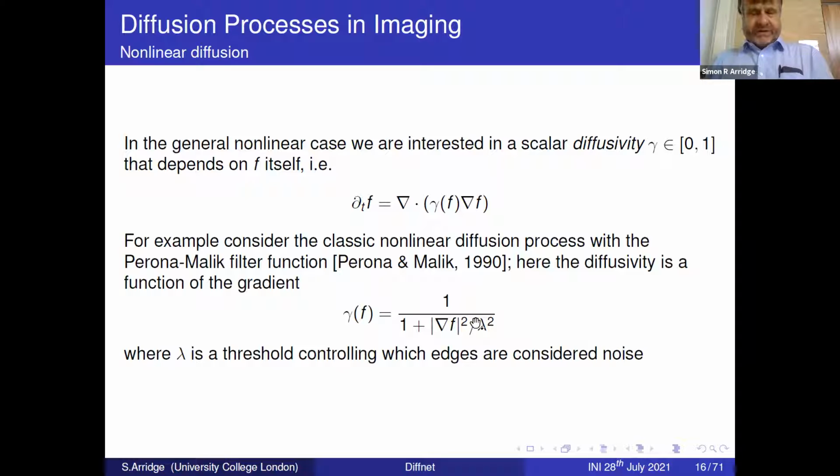And what this essentially means is that if the magnitude of the image gradient is large, the diffusivity goes to 0, which means that there's no spatial blurring, and as we go into very small edges, this goes to 1. So this varies between Gaussian blurring and no blurring.